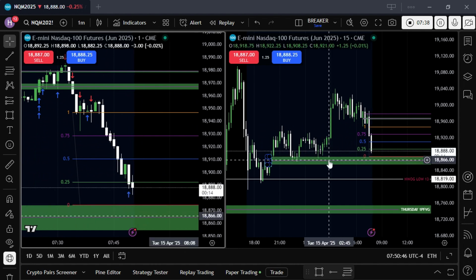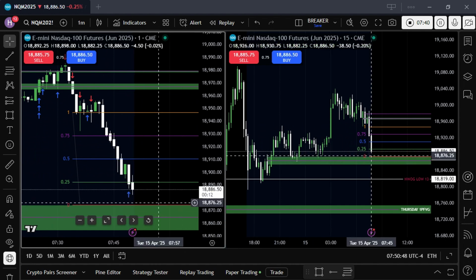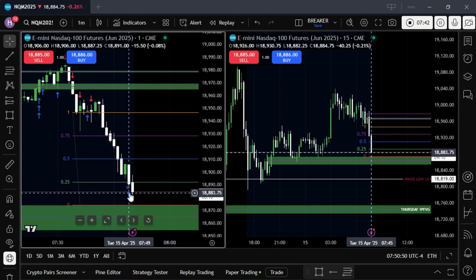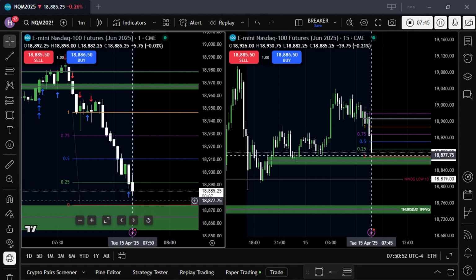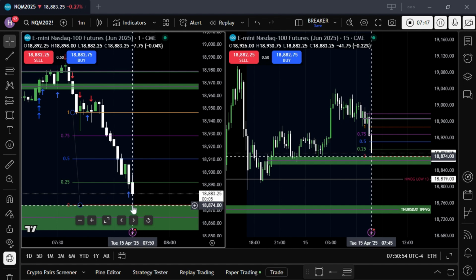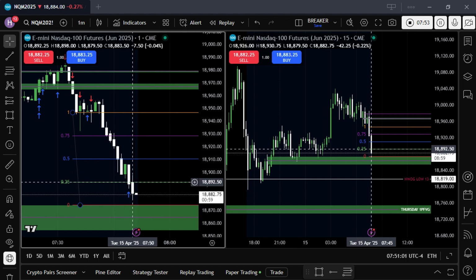But even so, I'm showing the exit there, just right below 75. And that was my original target, resting right above the inefficiency, sorry.